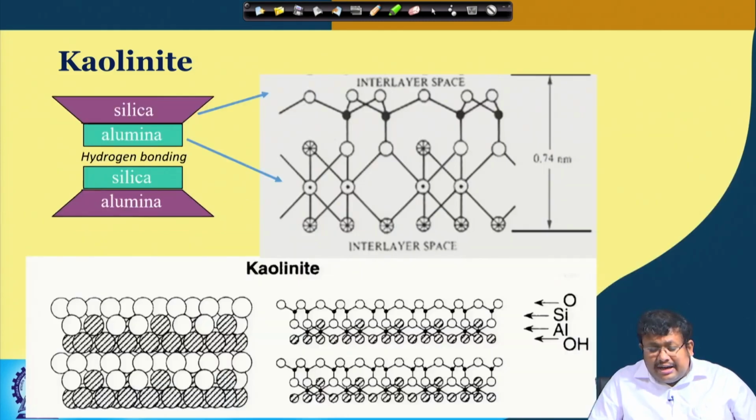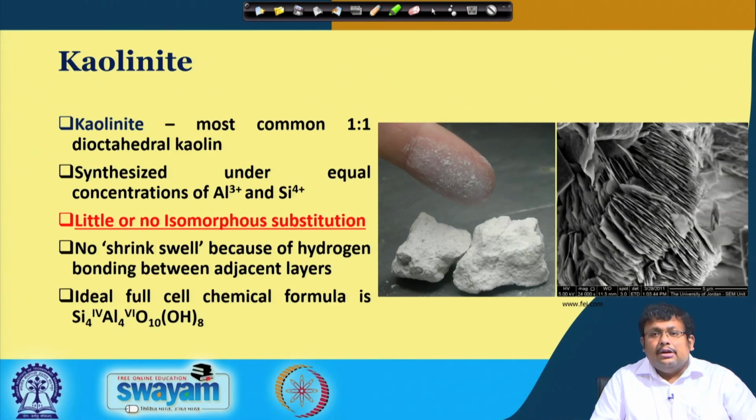So there is no excess negative charge development here, because there is no isomorphous substitution in kaolinite. As a result, there is no shrinking and swelling property in kaolinite because of hydrogen bonding between the adjacent layers, and that is why this mineral is nutrient poor. The ideal full cell chemical formula is given here.